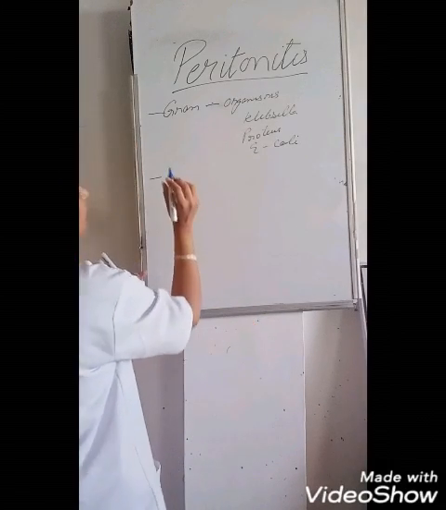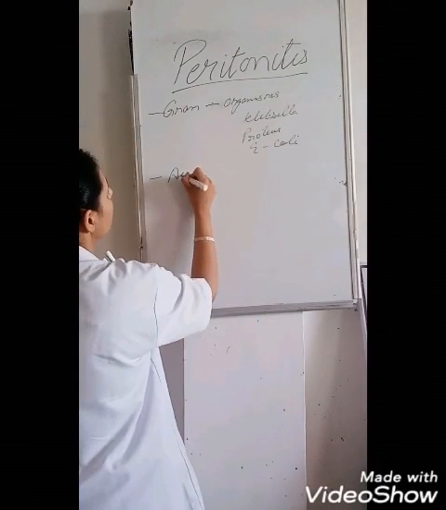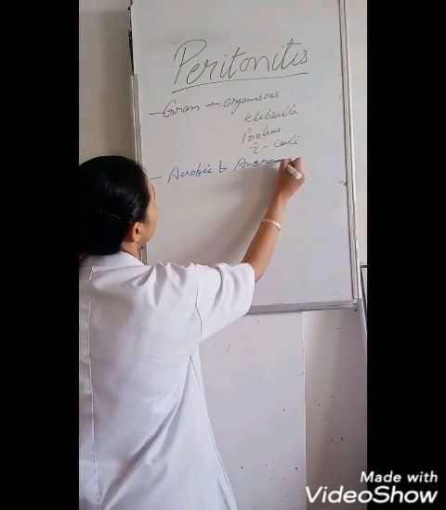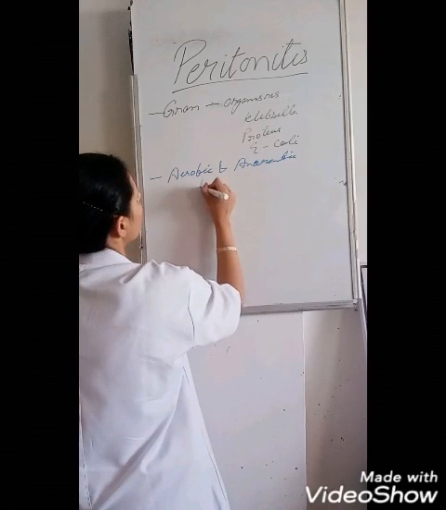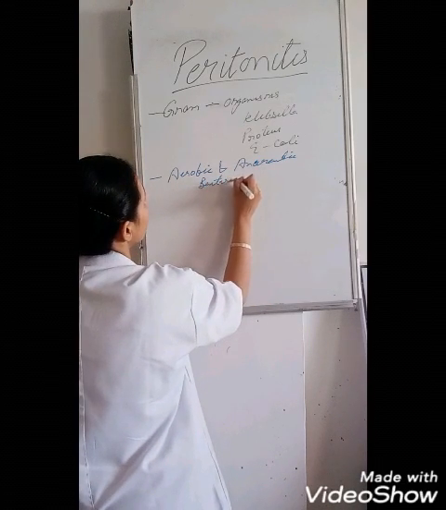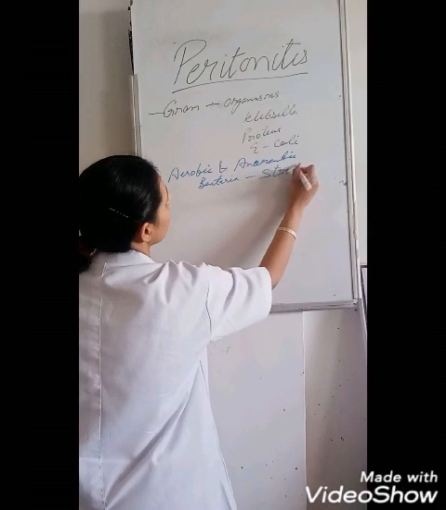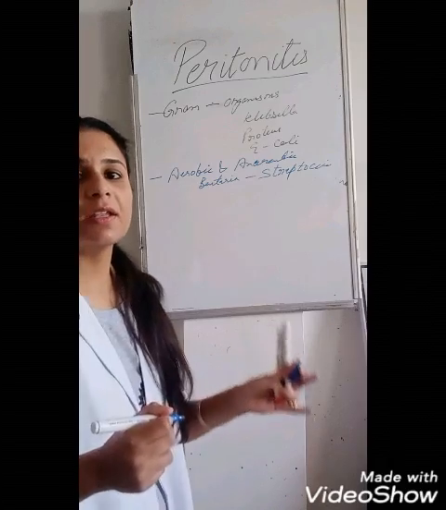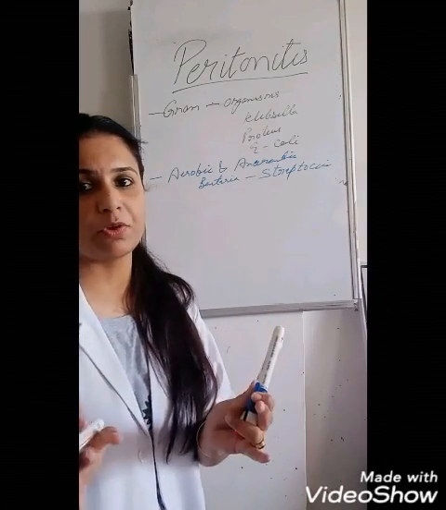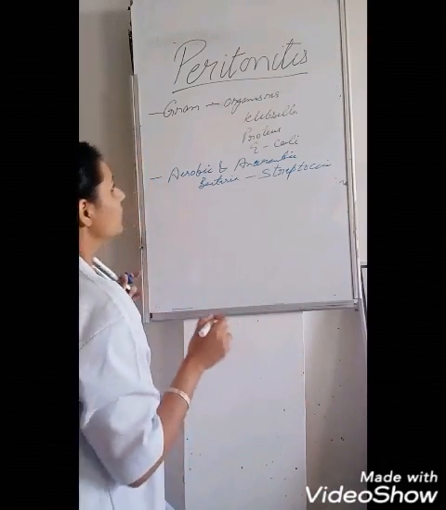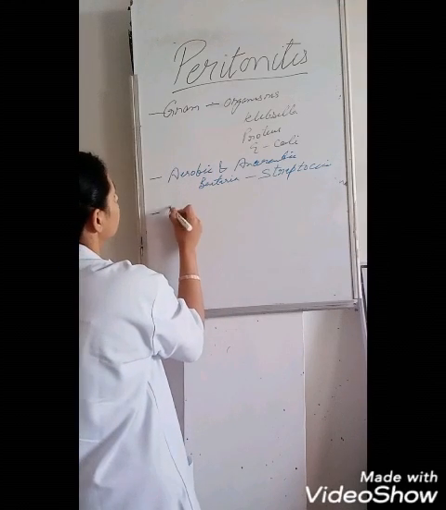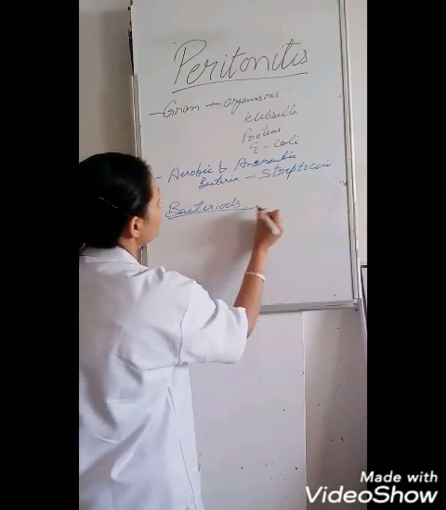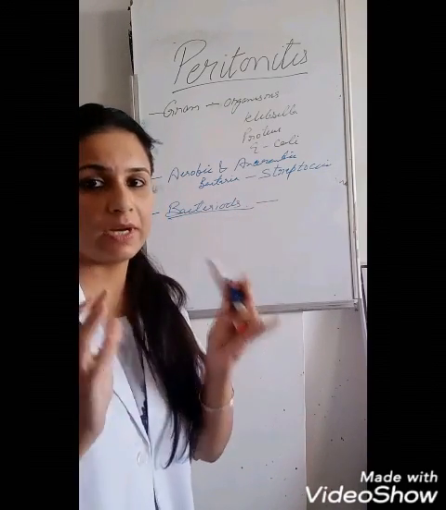Then there could be infection due to aerobic and anaerobic bacteria like streptococci. So aerobic and anaerobic streptococci could also be a reason, and the bacteroides stay in the lower intestine.